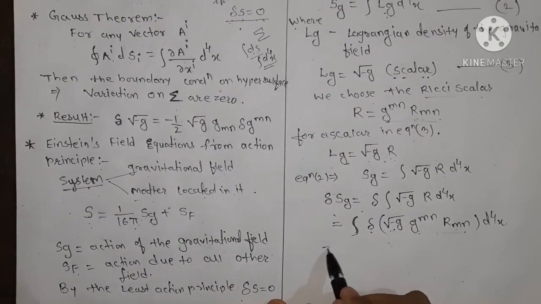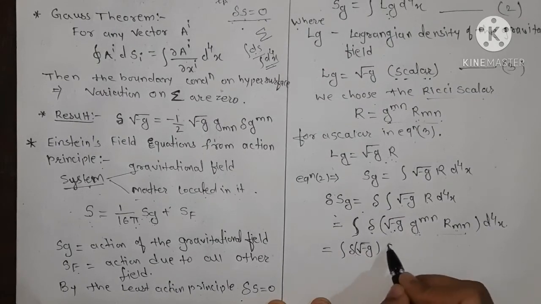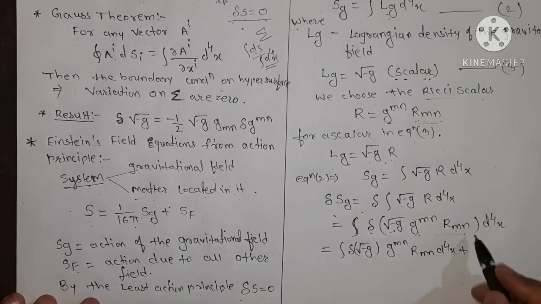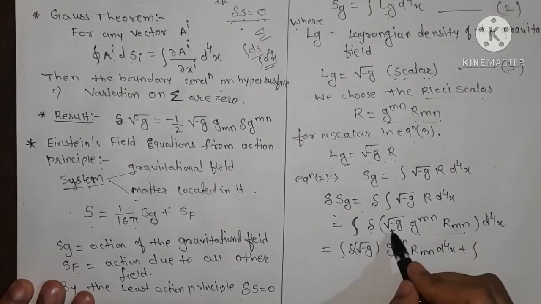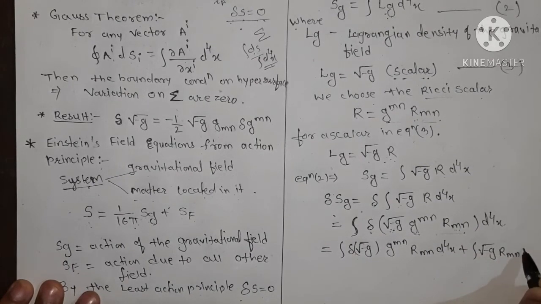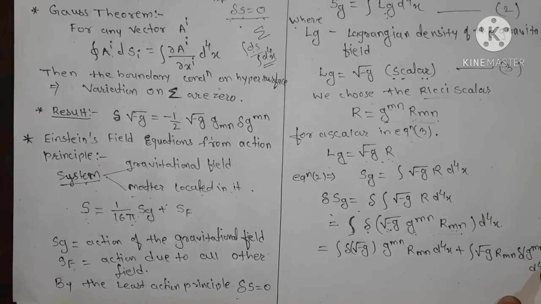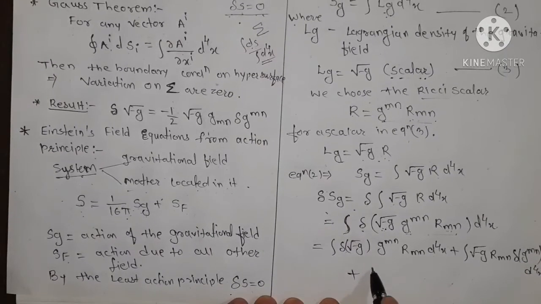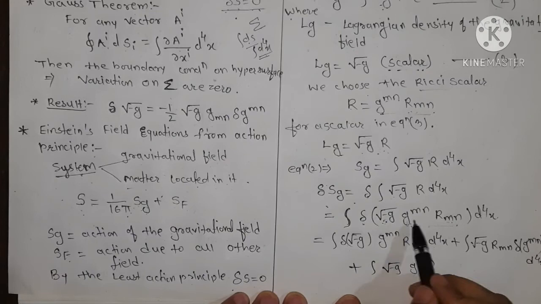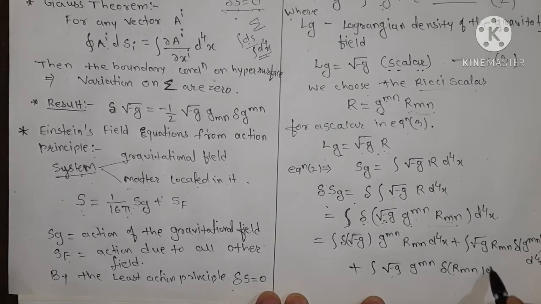So this is equal to the integral of delta of under root of minus g, with the second and third remaining as they are, Rmn d4x, plus the integral of under root of minus g Rmn as it is and delta of gmn into d4x, plus the third integral of under root of minus g gmn, the first and second as they are, and the derivative of the third, delta of Rmn, d4x.